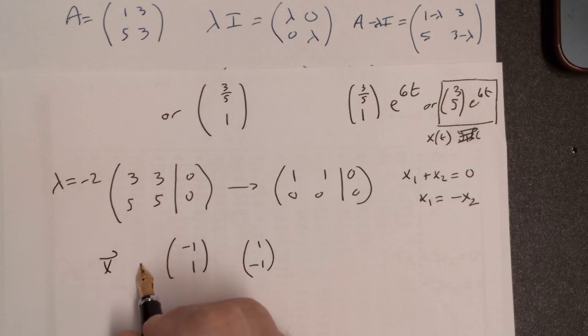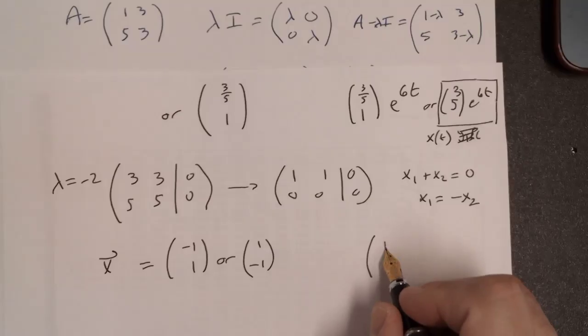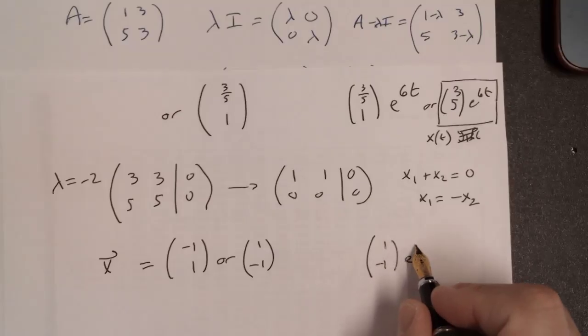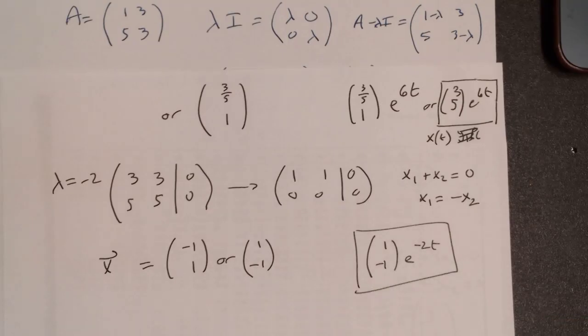These are possible vectors. And then I would get something like this. So now I've got my solution, and it's made up of 2 pieces. Each piece has an e to the number t that came from our quadratic equation, and each piece has a vector that goes with that number.